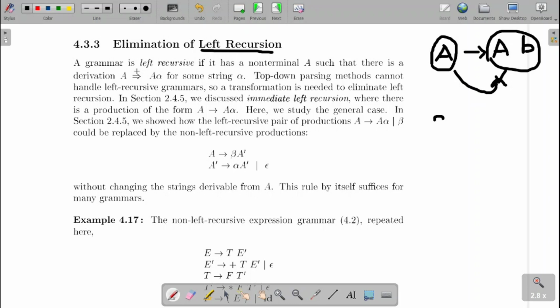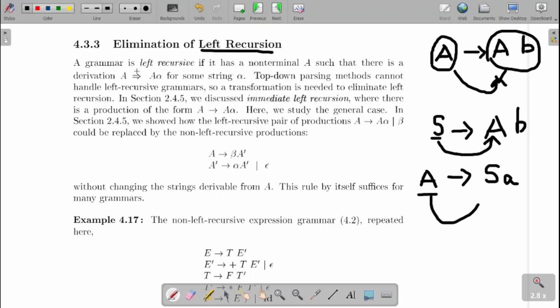Let us take one more example. S derives capital A and small b, and capital A derives capital S and small e. Now in this case, S derives A and A derives S, so S derives A derives S. It is an example of indirect left recursion.